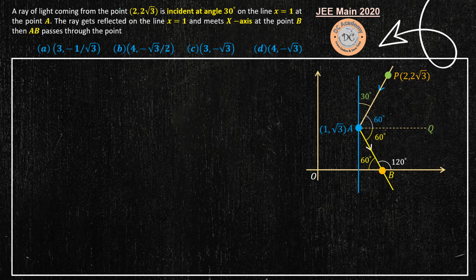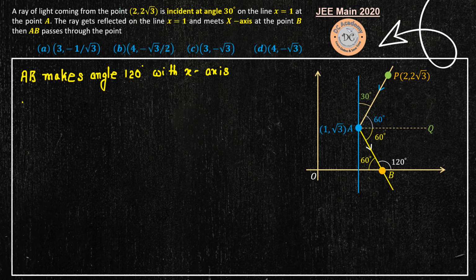So by the pictorial representation, we can easily say that the line AB, the reflected ray, makes an angle 120 degree with the x-axis. I don't write down the positive direction of the x-axis, that needs to be understood.